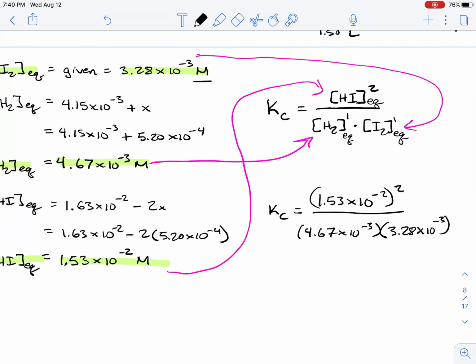Okay. So I'm going to go ahead and punch that into my calculator, which will finally give me the answer that I'm originally looking for. So I'm going to square the numerator, and then divide this by 4.67 times 10 to the negative 3, and 3.28 times 10 to the negative 3.